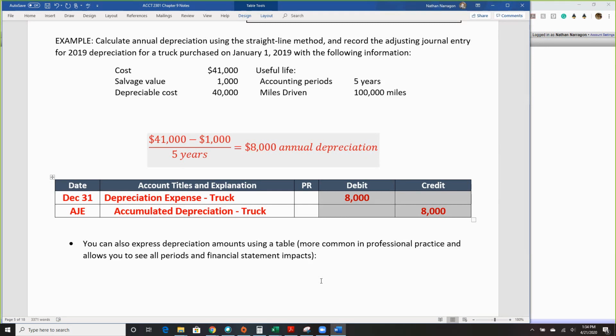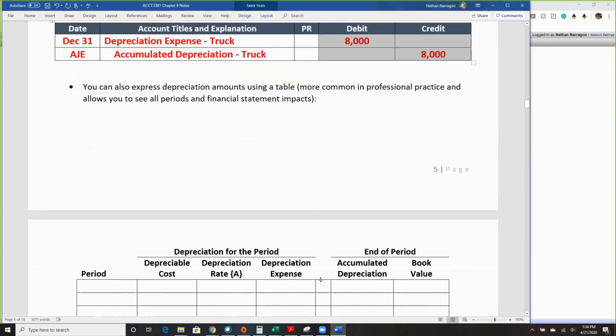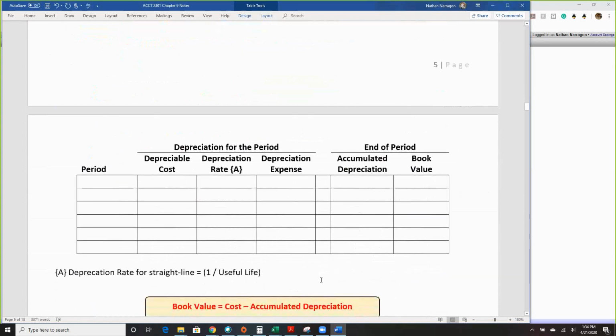Now, what we typically also use for these is an amortization schedule, or basically a table. The table actually helps us see throughout the whole life of the asset. Basically, it will help you with the method.